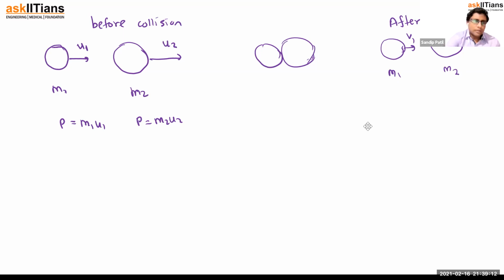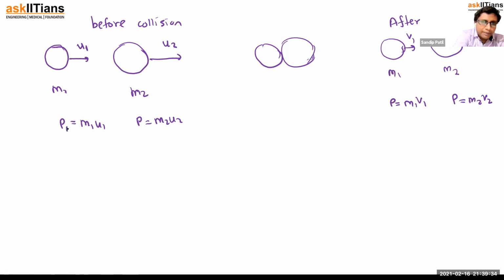Consider what the momentum will be. Momentum will be m1 v1, and for this we can say momentum will be m2 v2. Now when we say combined initial momentum, what is the meaning of that?